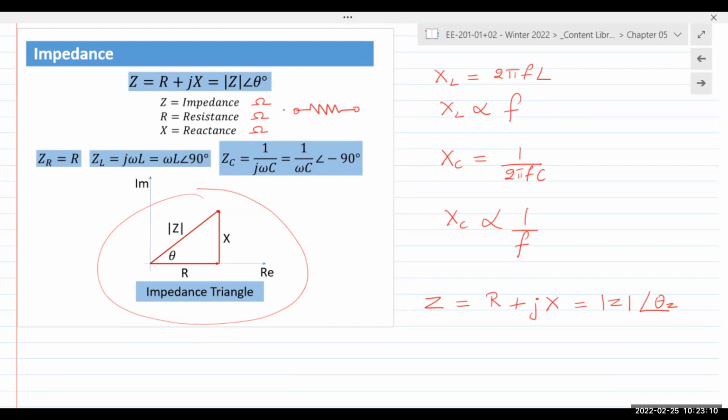Impedance again signifies opposition. The most common place where you would come across this is in audio engineering. If you look at the spec sheet for your speakers, your AV receivers, or your Bluetooth headphones, it'll list the impedance, because the speaker has a coil.